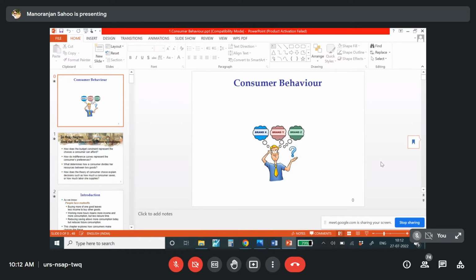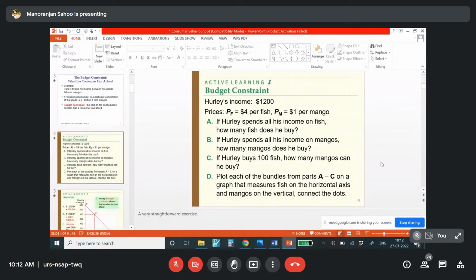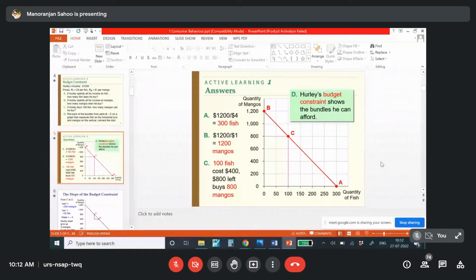So in order to achieve the consumer's equilibrium here also, we need the income or the budget, and the consumer's preferences. We have already derived how the budget constraint is derived, and how the change in income and the change in prices of commodities affect the budget constraint.